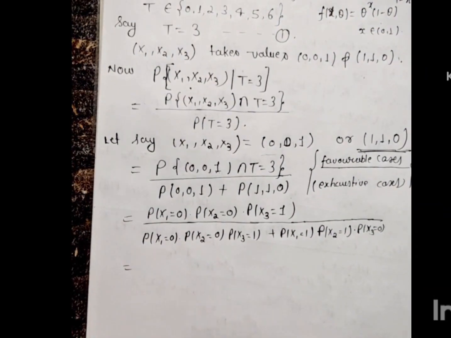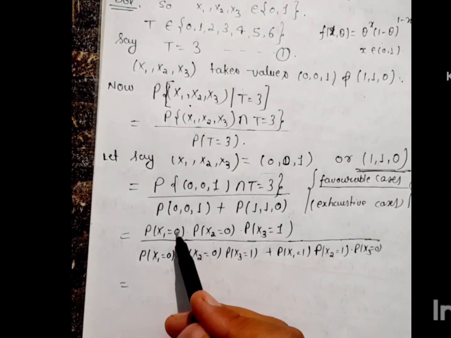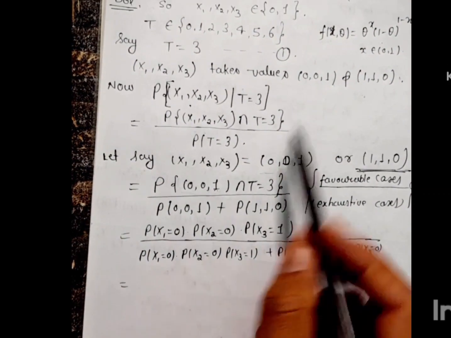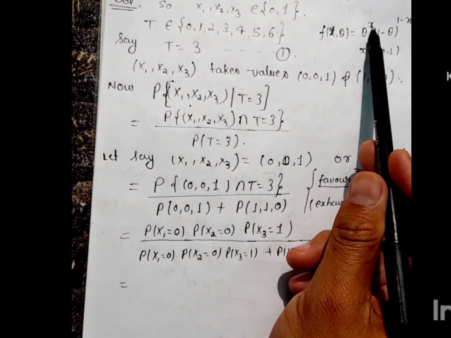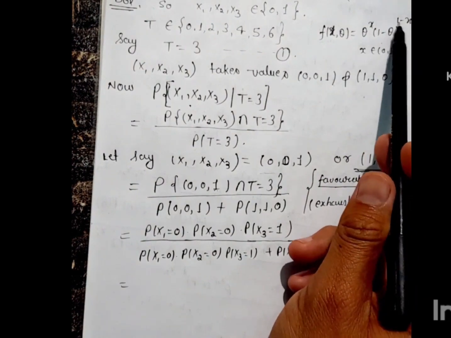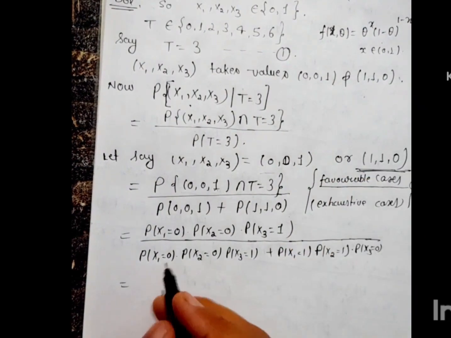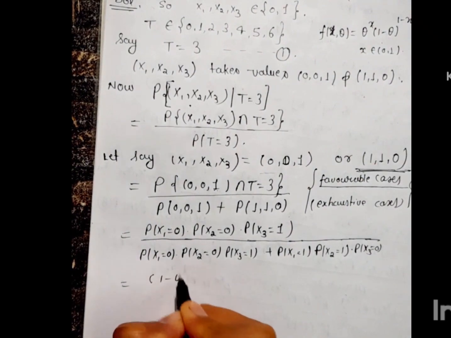For the first, x equal to 0: theta to the power 0 times (1 minus theta) to the power (1 minus 0), so it comes out to be 1 minus theta.